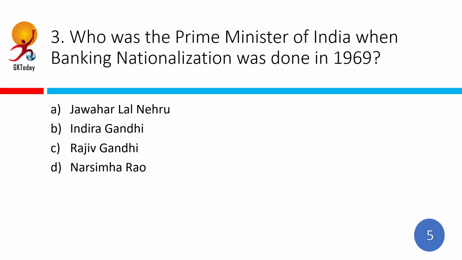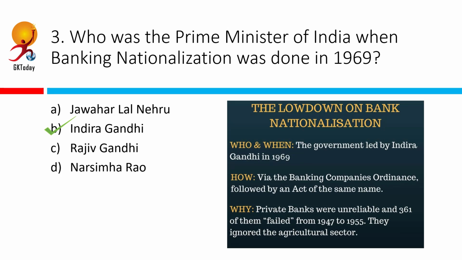Who was the Prime Minister of India when banking nationalization was done in 1969? And the correct answer is Indira Gandhi. So what is the summary that you must remember about nationalization? The first phase happened in 1969 by the Indira Gandhi government.